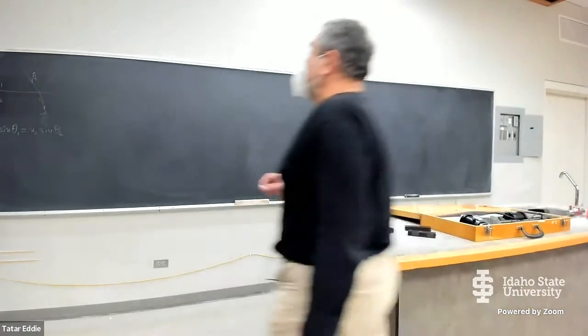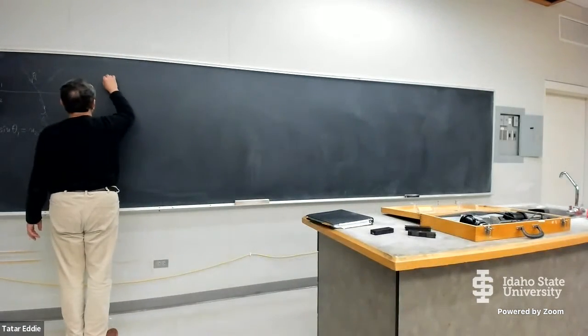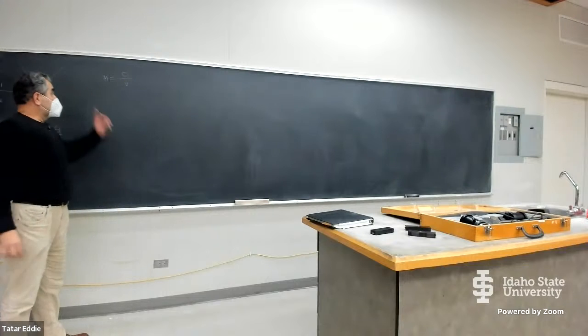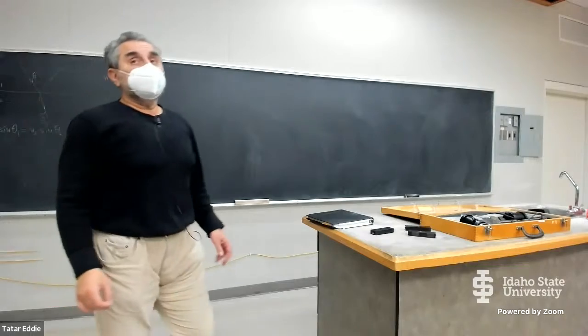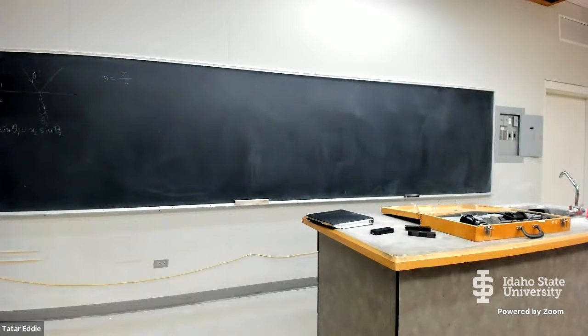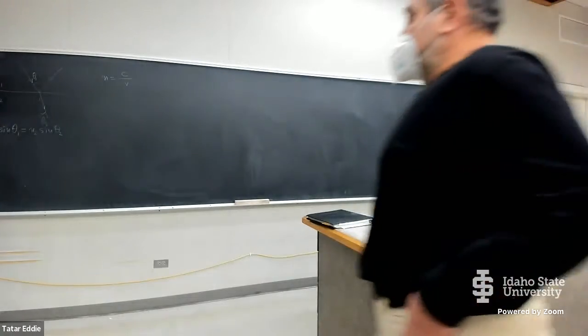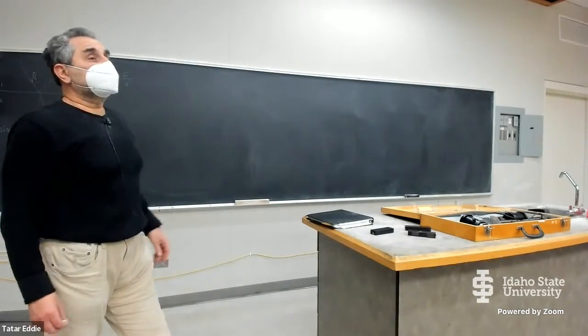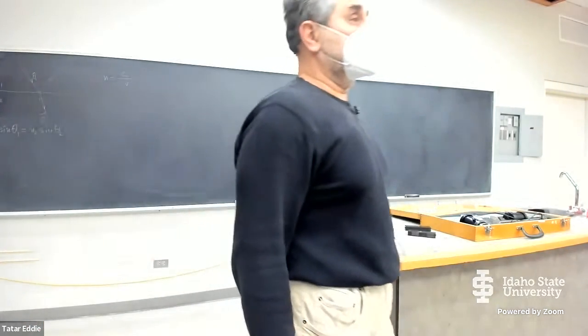Now, keep in mind that the index of refraction for any material is defined as the ratio of the speed of light in vacuum divided by the speed of light in the material itself. So the index of refraction for any material is a number larger or equal to 1. For many materials, the index of refraction for different wavelengths is different.